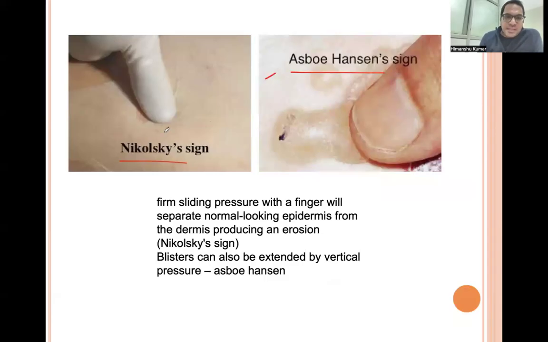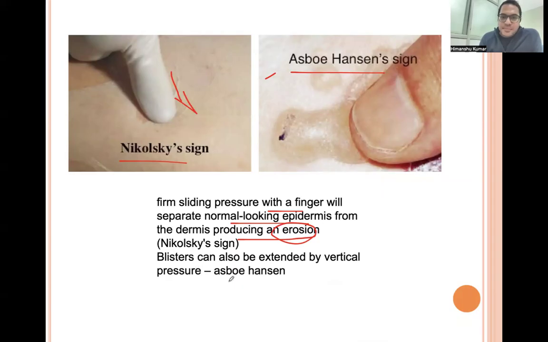So Nikolsky is, we can see we are applying pressure on the skin. So pressure with a finger will separate the normal looking epidermis, producing an erosion. So we induce an erosion by Nikolsky sign. So if Nikolsky sign is positive, there are good chances the patient might have pemphigus.